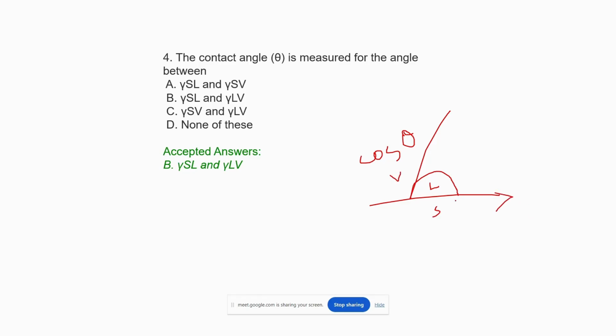So this will give us gamma SL, and this is SV, and this is LV. So between SL and LV, the theta angle is formed.